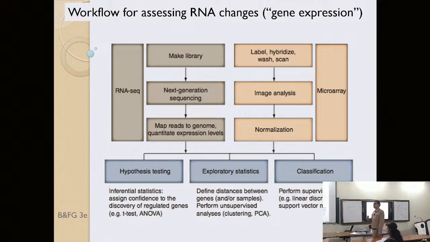You have found that there is a difference in RNA abundance in a certain gene between a healthy individual and me. But you would want to assess whether this difference is statistically significant or not. Is it arising because of a biological reason, or just by random biological variability? So you want to assess the statistical significance of this difference. That's hypothesis testing.